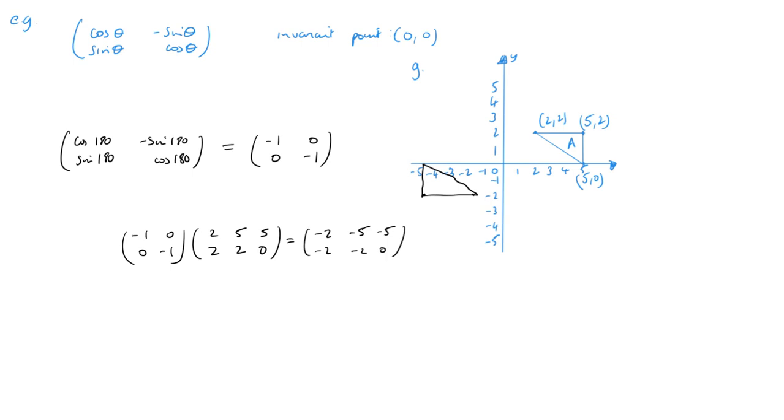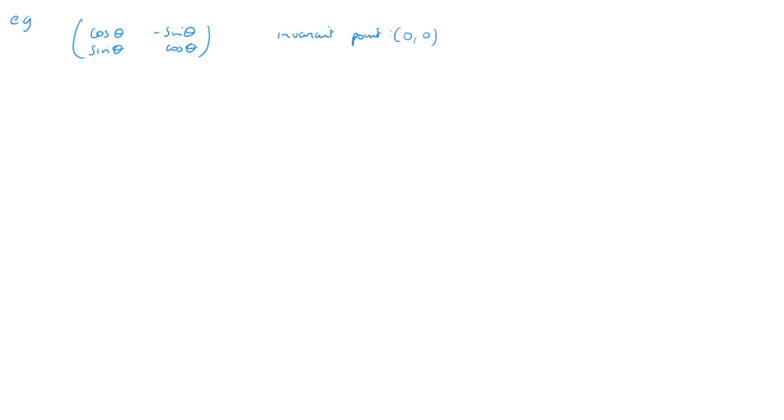Now obviously if I had a rotation of say 30 degrees, that would be cos 30, sine 30, minus sine 30, cos 30.